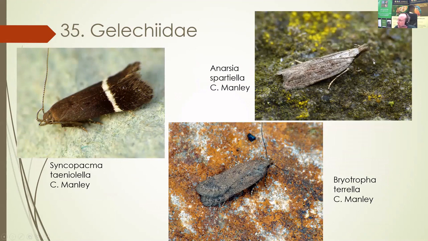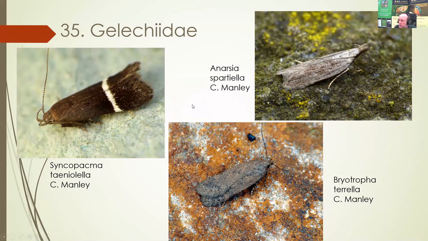Anacampsis populella has the really long, pointy palps, but it also has these fantastic forward-pointing scales and hairs on the second segment. So really, really tough group. Quite a lot look like this, sort of small and brown and very nondescript. But again, there are some within the group that are readily identified. Anacampsis populella is one that you would potentially get to know.